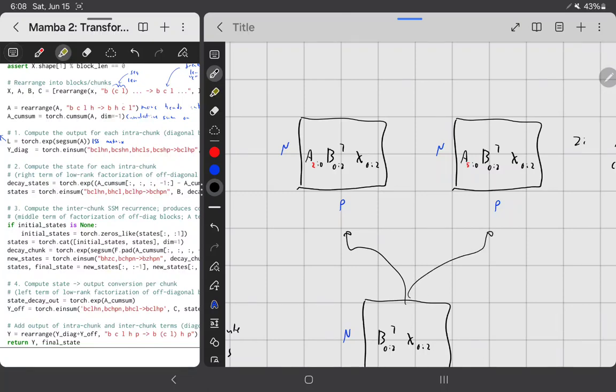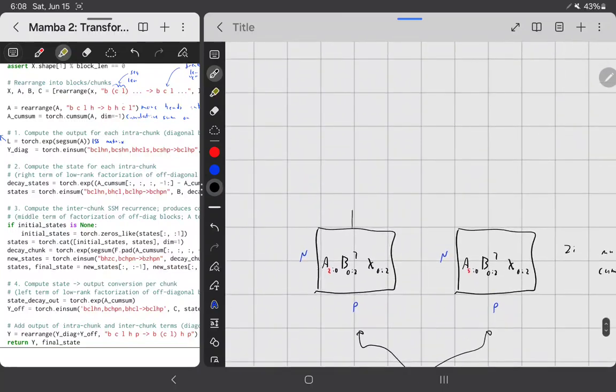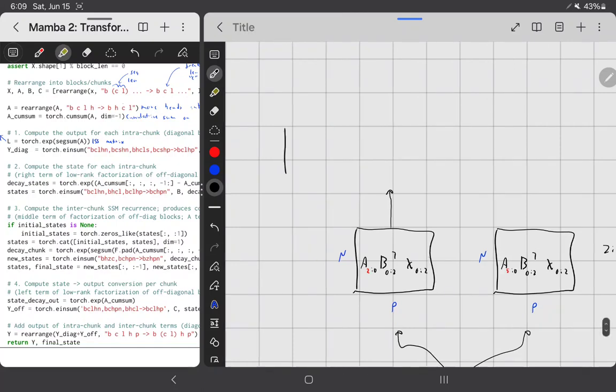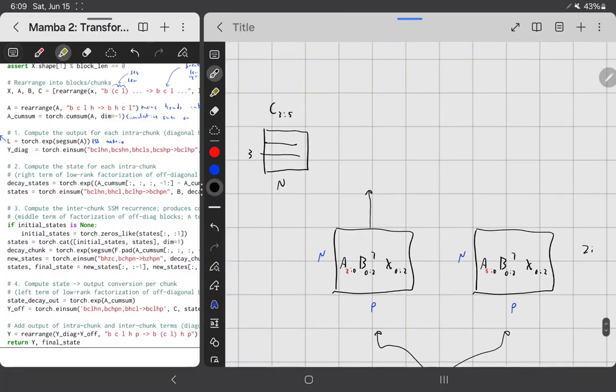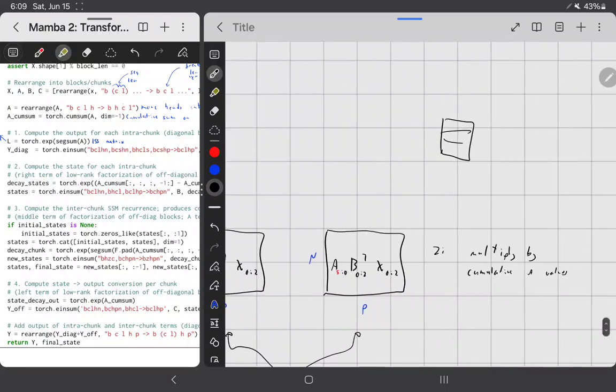Now, step 3, your final step to get your block outputs, is to multiply by the C values, or the query values. So we have our query values here, which is a 3 by n matrix. So this will be our queries, or our C matrices, and this will be C 3 to 5, while this will be our C 6 to 8 matrix.